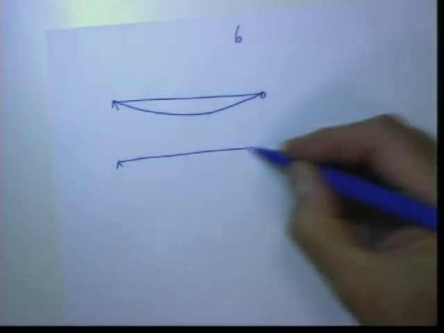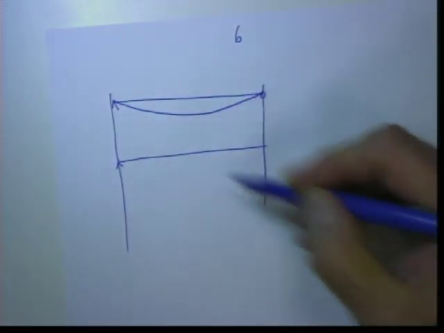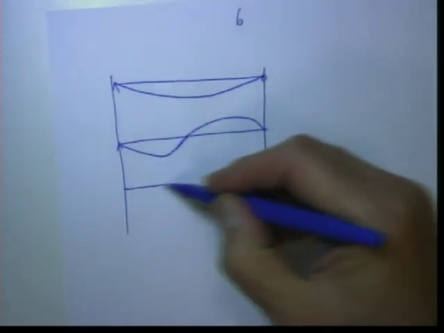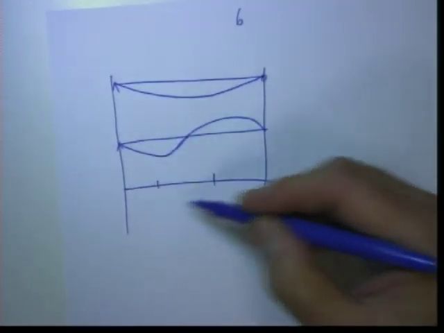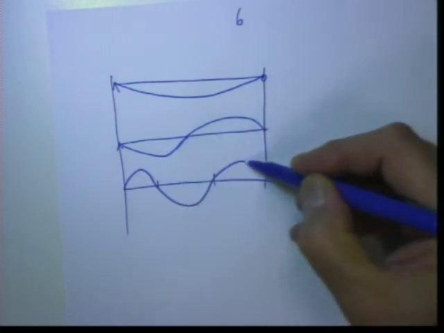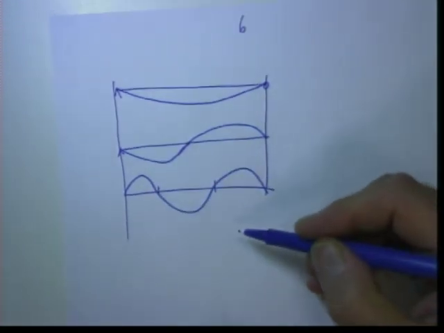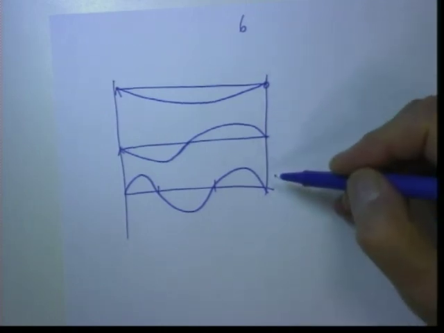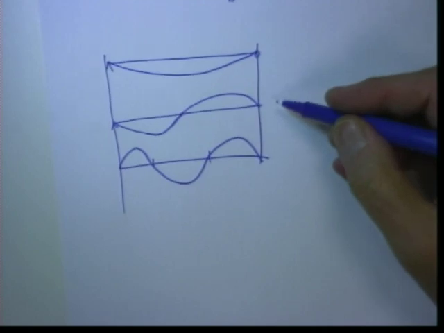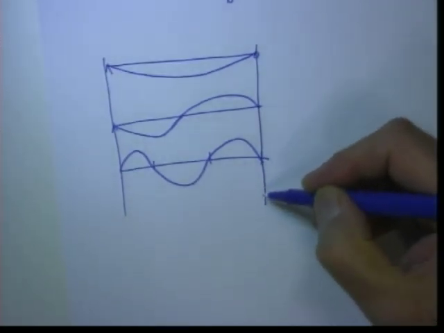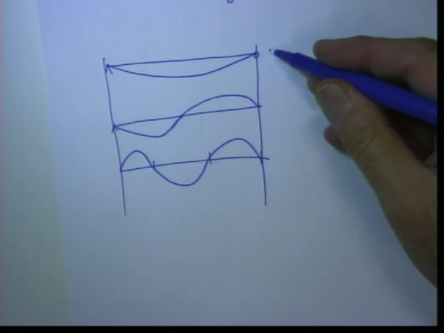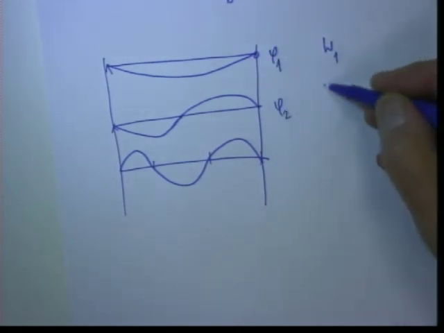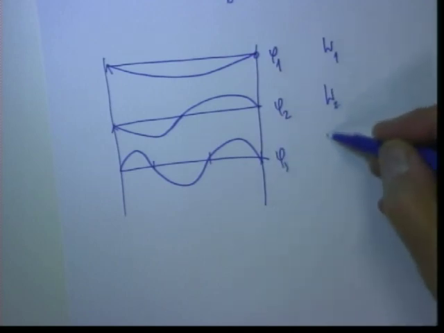Second shape is like this. Third shape then is like this, etc. So in order to depict the behavior of the system, because we have infinite degrees of freedom, we get infinite amount of mode shapes. So this is phi1, or if you want W1, phi2 or W2, phi3, W3, etc.